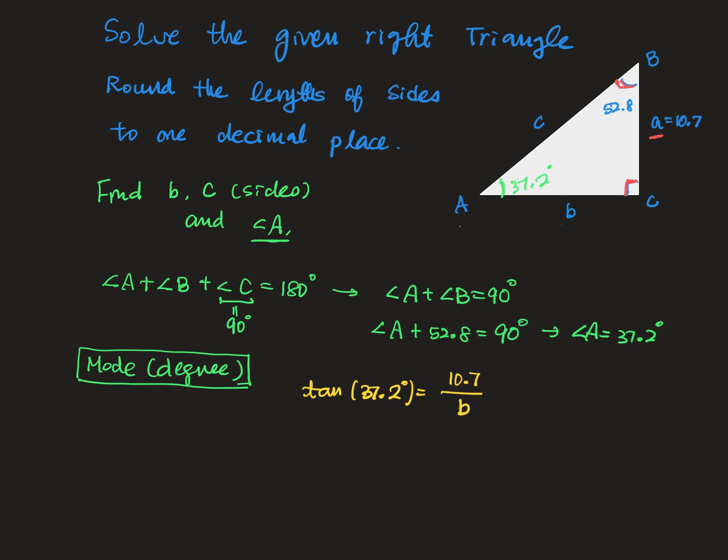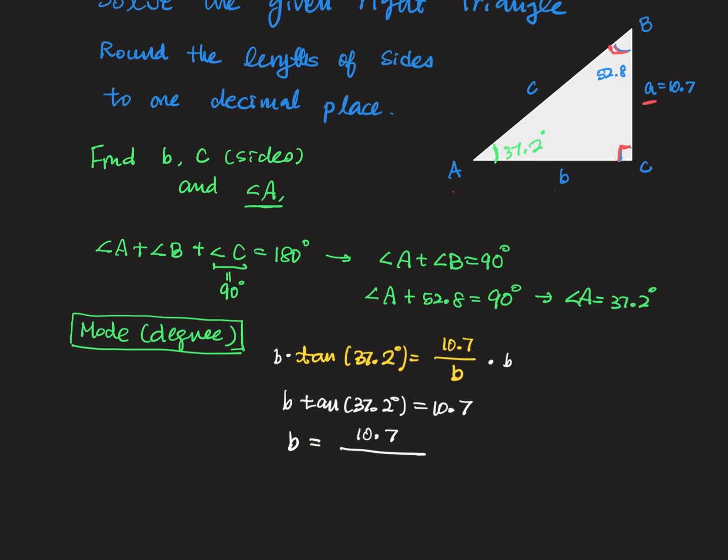You're gonna multiply by b on the right side. So b tangent 37.2 equals 10.7. b is gonna be 10.7 divided by tangent 37.2 degrees. So you find this approximate value is gonna be 14.1. So you find the b value.